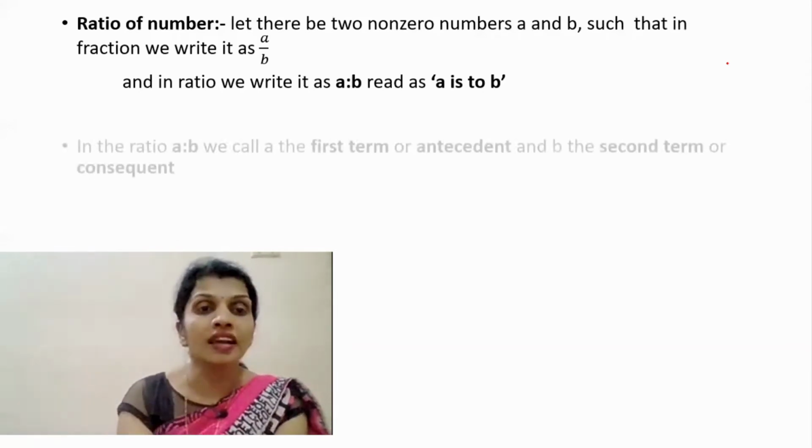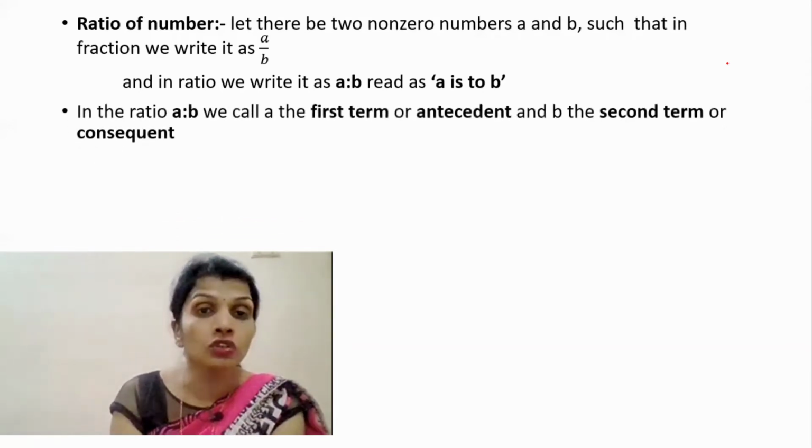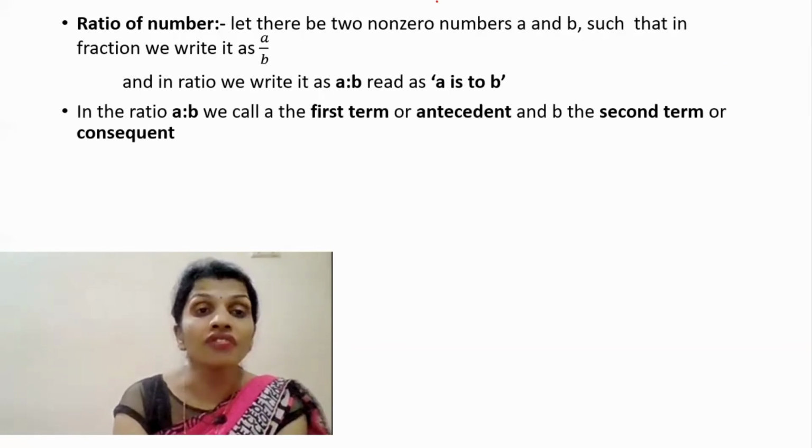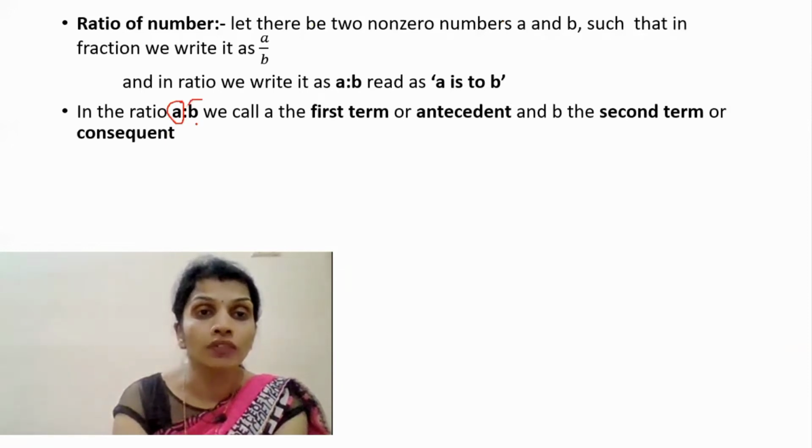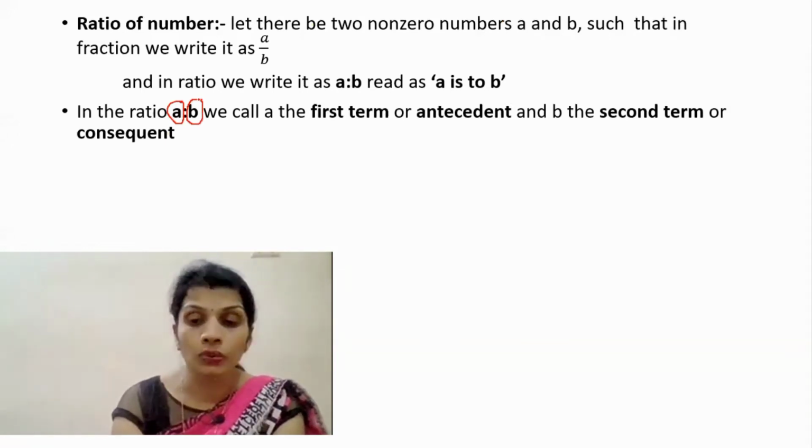For example, in the ratio A is to B, the term A is the first term and it is known as the antecedent. The term B, the second term, is known as the consequent.